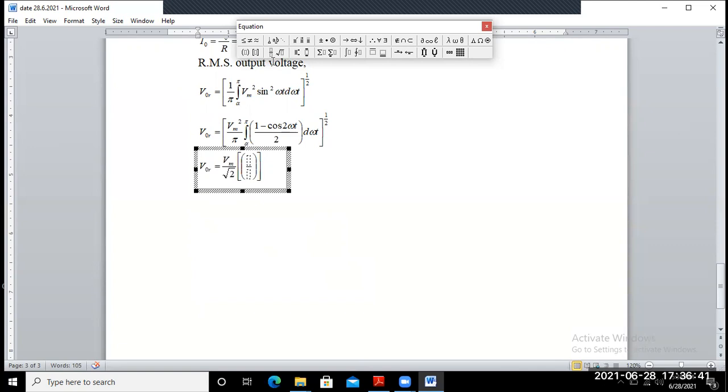Okay, so the first term is pi minus alpha divided by pi.